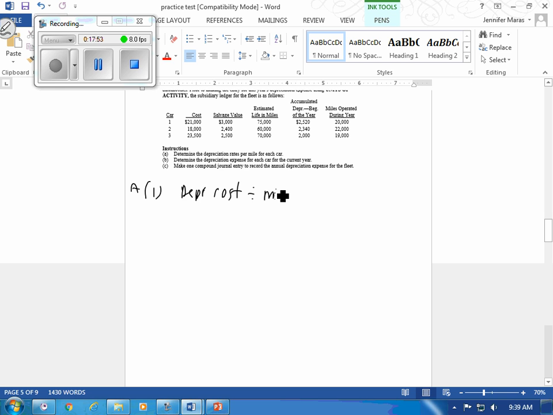In this case, it was 21,000 minus 3,000 divided by 75,000. It's going to depreciate 24 cents a mile. If you did it the long way, that's okay. Car 2 was 26 cents a mile. Car 3 was 30 cents a mile. No matter what way you did it, hopefully you got those answers.